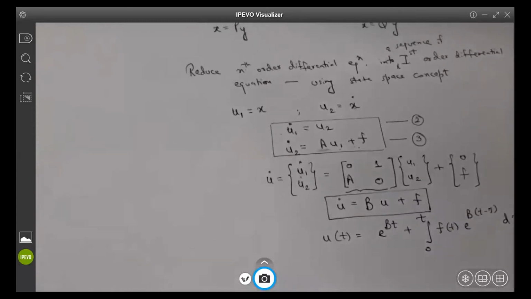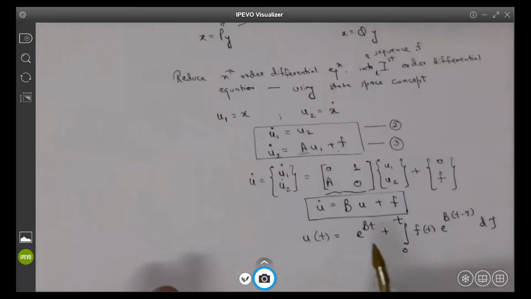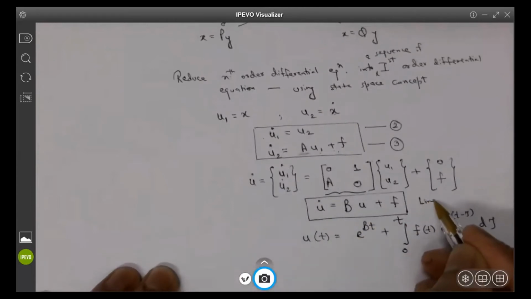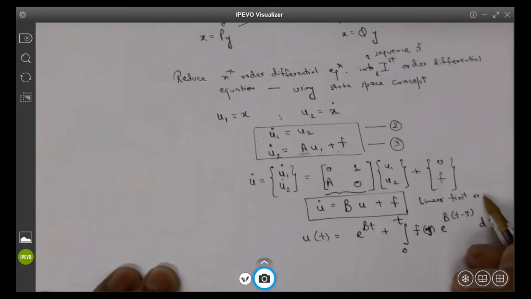So that is the generic expression for any linear first order ODE. So is it f of t or f of tau? F of tau, yeah, you're right. Thank you.